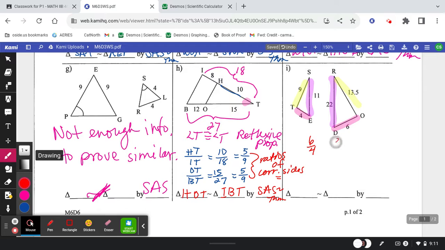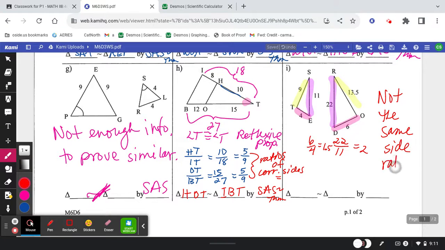Anyone noticing anything yet before I do any work? 22 over 11, 6 over 4. These are not the same side ratio. So triangles are not similar. Very, very sneaky. How'd you do?